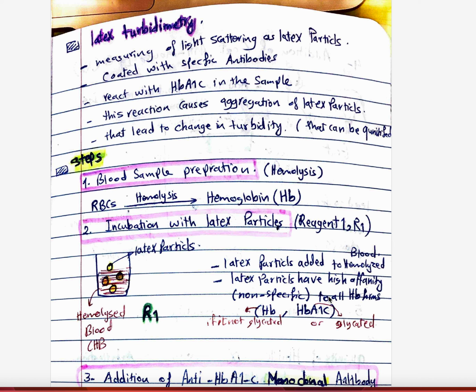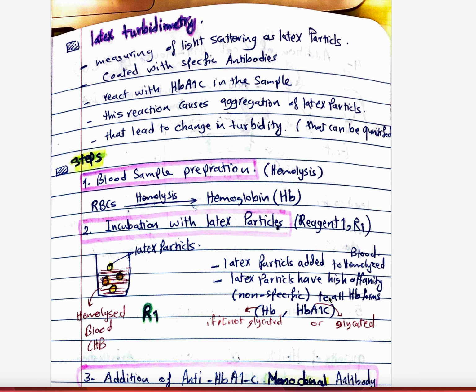The steps: the first one, we prepare the blood sample by what we call hemolysis, because we need hemoglobin. So the RBCs after hemolysis lead to the production of hemoglobin. Then we make an incubation with the latex particles, where we put the hemoglobin with these latex particles, under appropriate conditions as I said before.